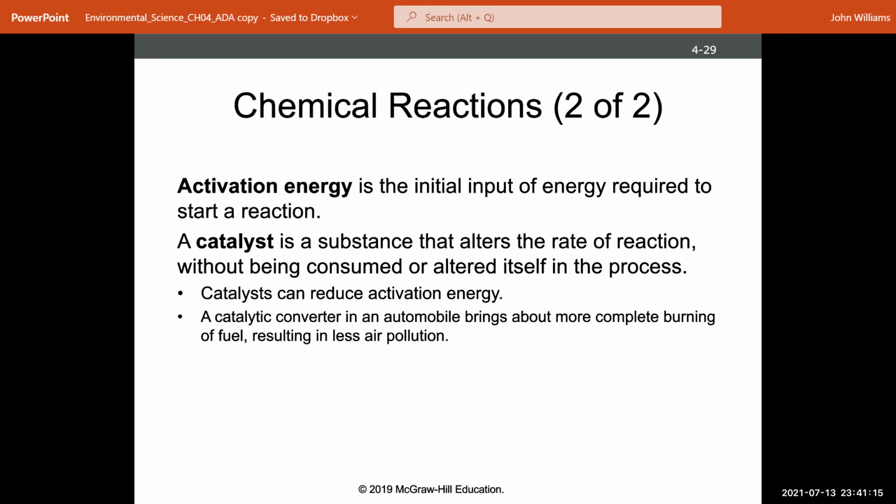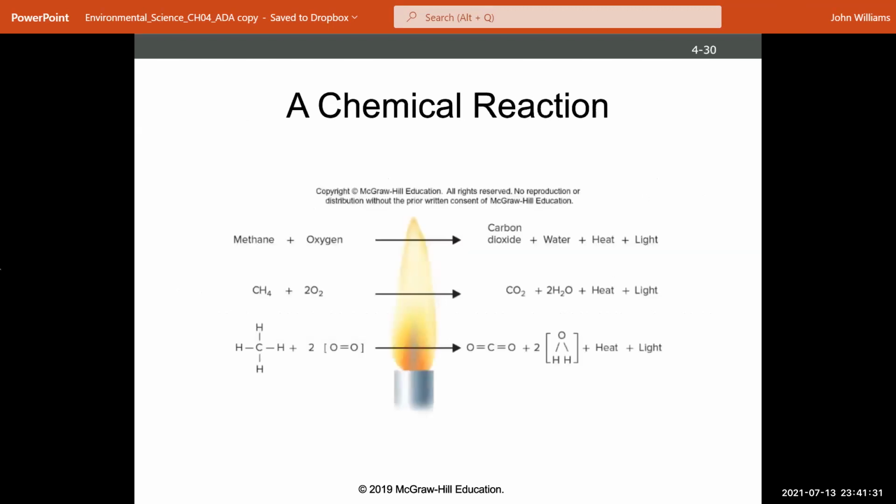So they essentially lower the activation energy necessary for a chemical reaction. And so again, a catalyst alters the rate of reaction, and it can be reused over and over again. And so enzymes are really important catalysts in our bodies.